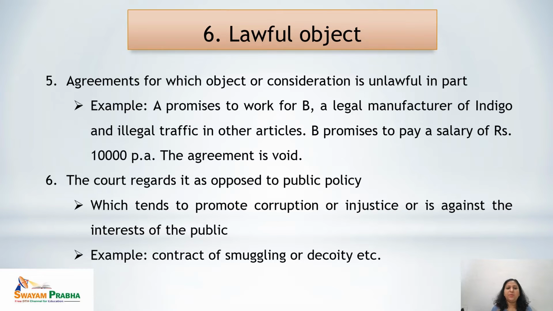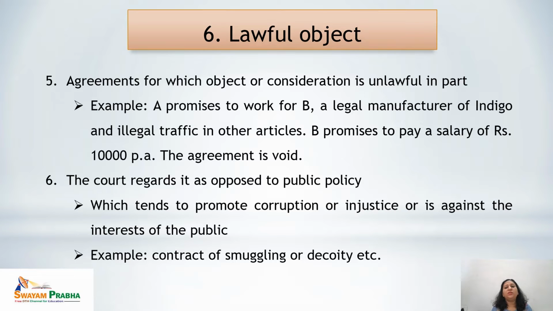Let's take an example. A promises to work for B, a legal manufacturer of indigo, and illegal traffic in other articles. Here there are two things involved. One portion is dealing with the lawful part and another part is dealing with the unlawful things. B promises to pay a salary of rupees 10,000 per annum.